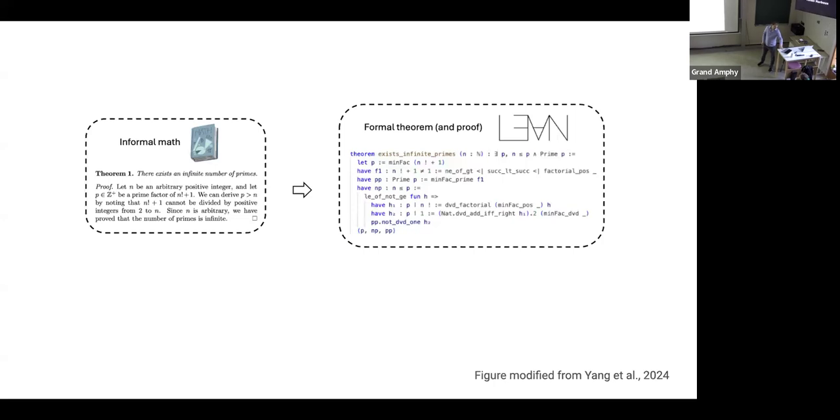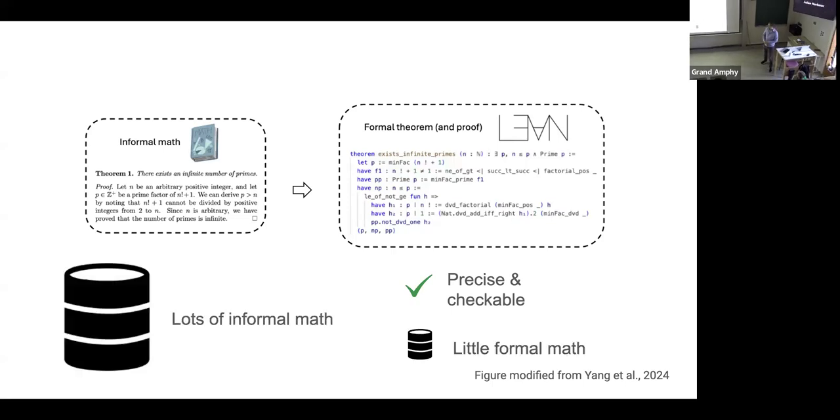Well, formal mathematics has the advantage of being very precise and checkable, has a lot of semantic information. The disadvantage is we have a lot more informal math written than what has been formalized. So obviously you want to actually automatically formalize all this info.